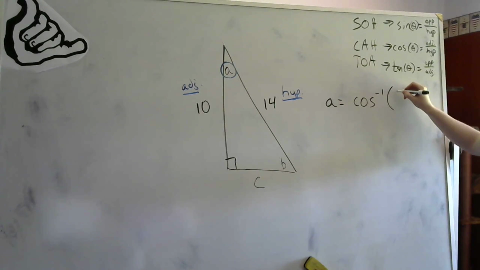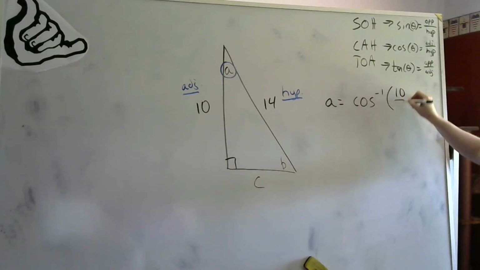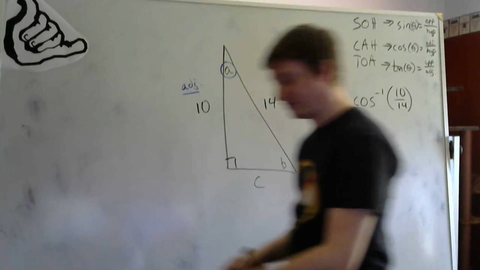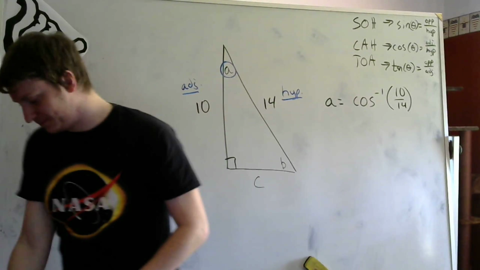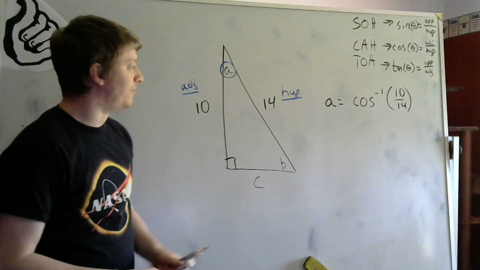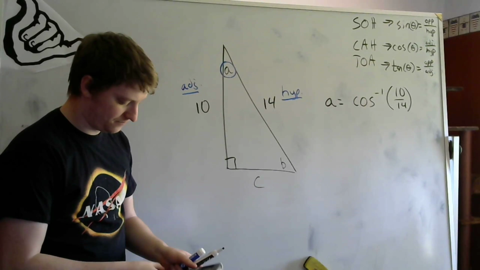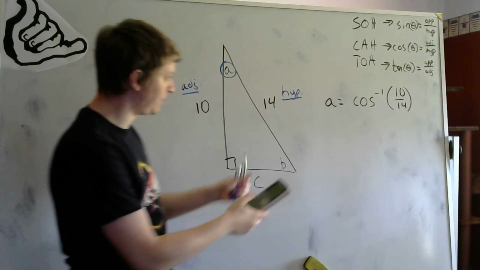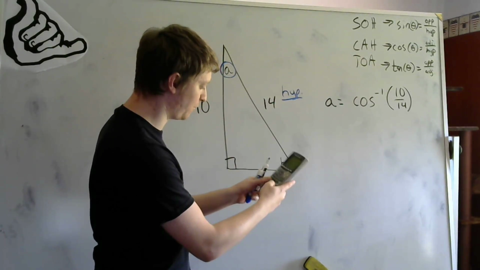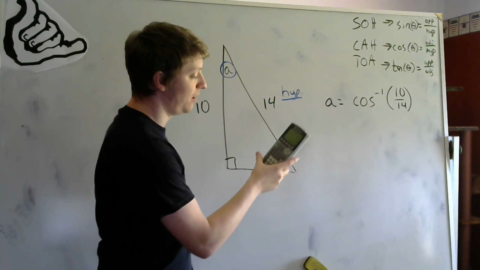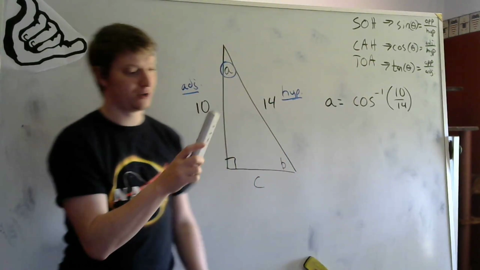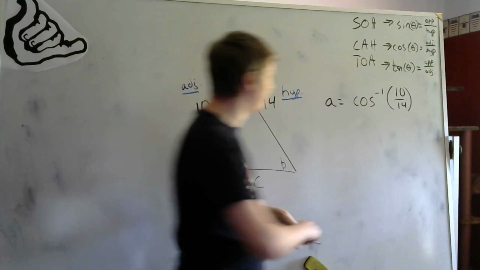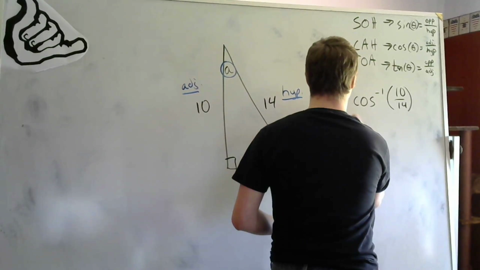So that would be 10 over 14. The inverse cosine of 10 over 14. Let's see what we get. So cosine inverse of 10 divided by 14, close off those parentheses, 44.42 when you round off, degrees. So 44.42 degrees, that's what A is.